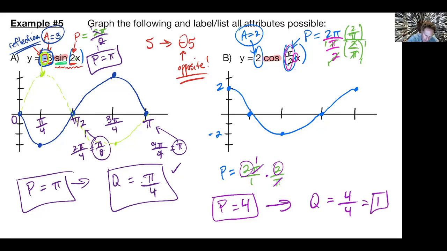So just like here, we found our quarters were pi over 4, and we went 1 pi over 4, 2 pi over 4s, 3 pi over 4s, and 4 pi over 4s. We're simply going to go 1, 2, 3, and 4 for each one of those quarters to get those quadrantal angles of the 1, 0, -1, 0, and 1.